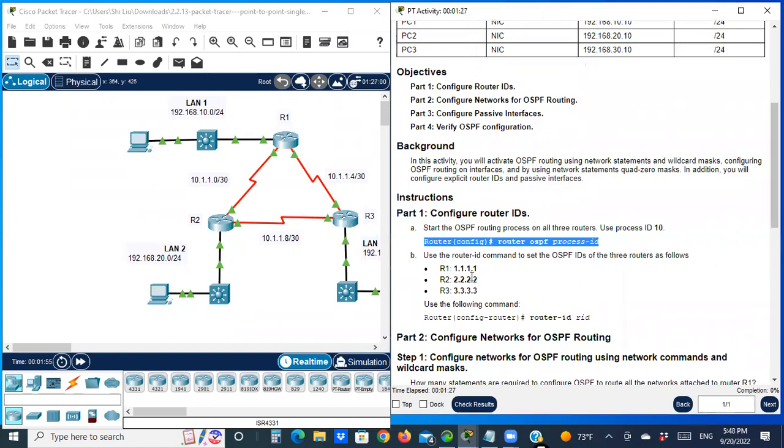R1 is 1.1.1.1. R2 is 2.2.2.2. R3 is 3.3.3.3. And use this command. When we look at this router ID, we know that it is an explicit router ID.